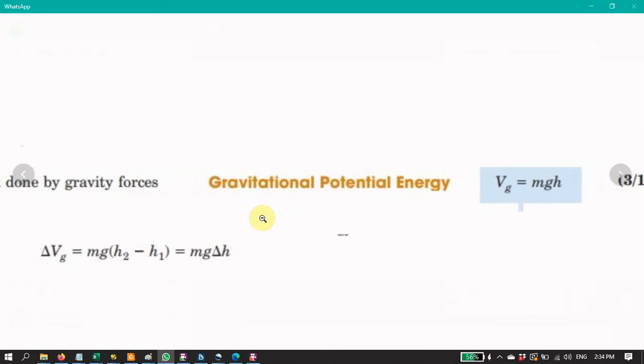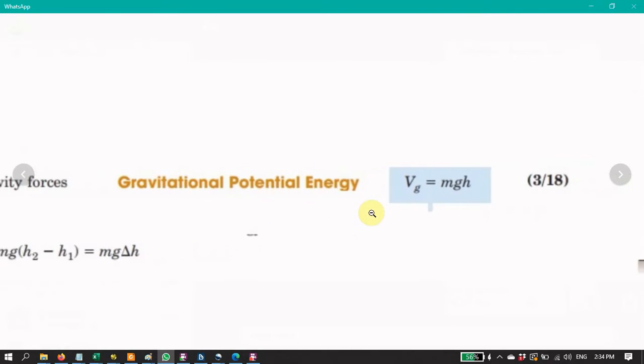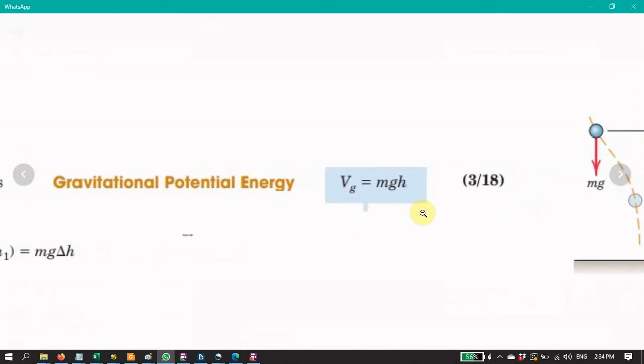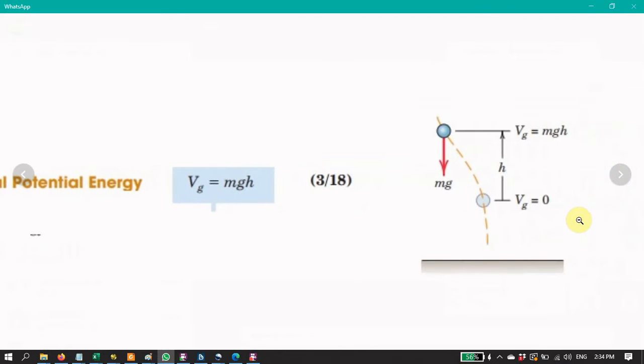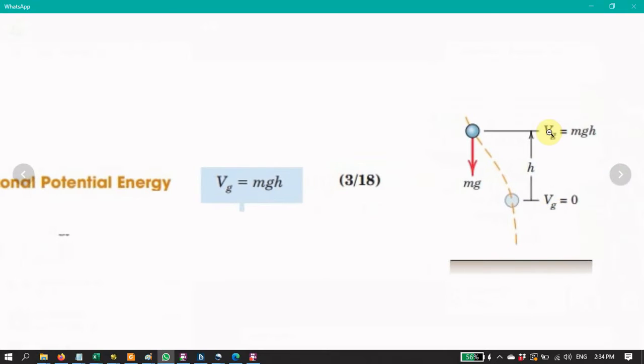So if you look at the equation, the gravitational potential energy, or the potential energy that I described earlier, tells us about when we raise a body from a certain altitude to another higher altitude.